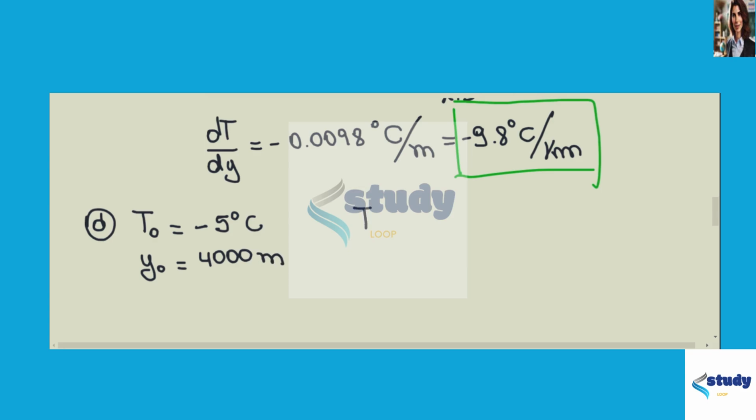And our goal is to find what should be the temperature at Death Valley, which is located at minus 100 meters.